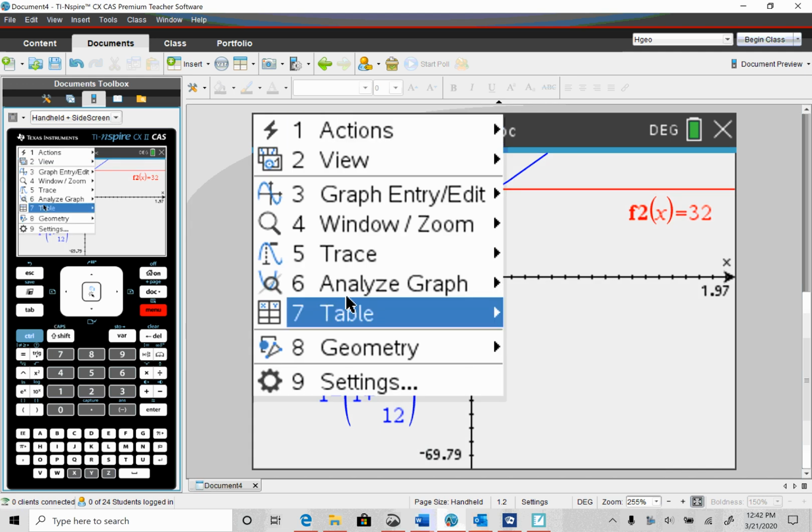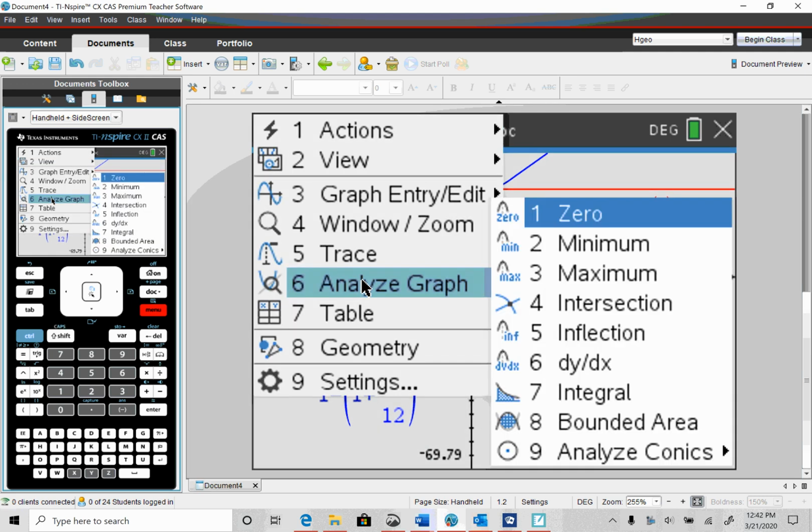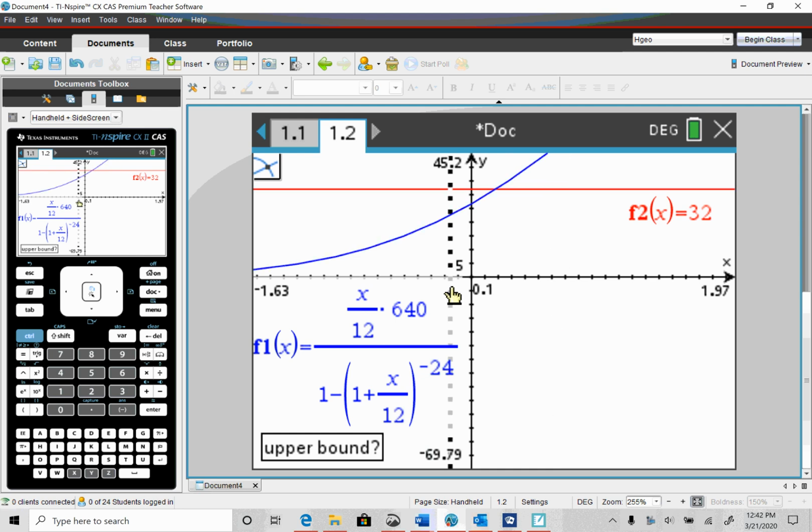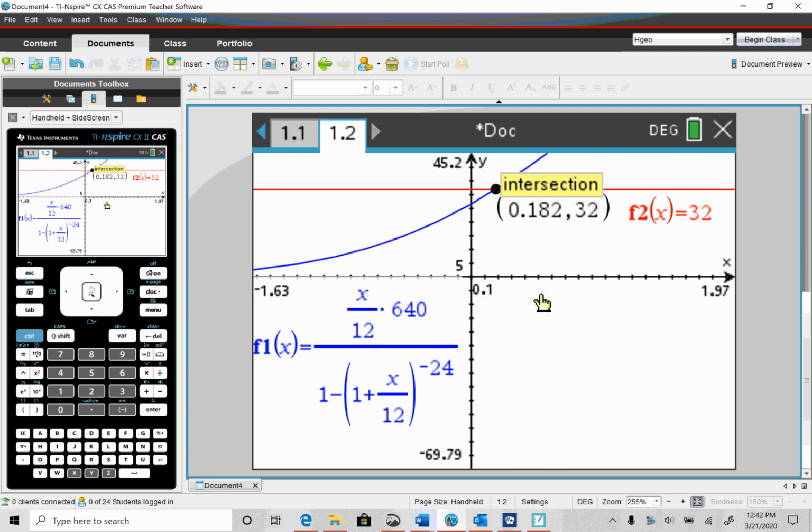And then it's just a matter of, we're going to analyze the graph. We want to find the point of intersection between here and here. Now, hopefully that doesn't come as too much of a surprise that the y coordinate is 32. That's a point of intersection with that nice, in my graph here, the red horizontal line. All the y coordinates have to be 32.